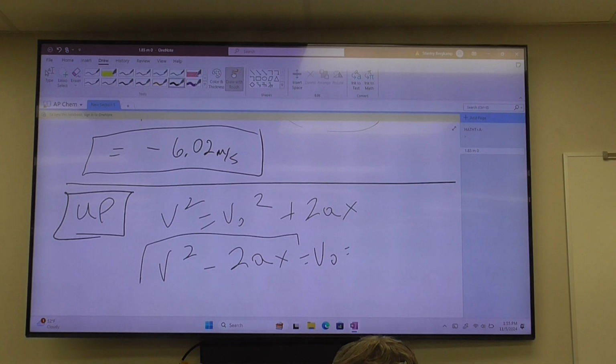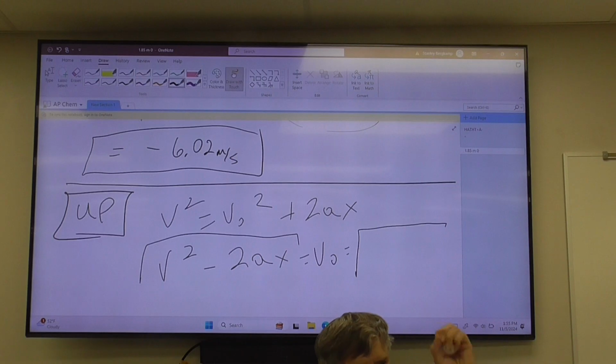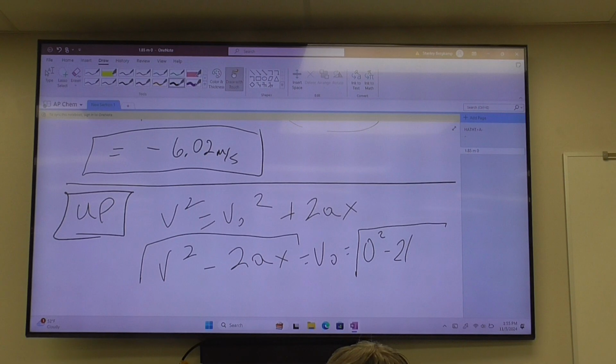Now, this is where you have to pay attention to what you have. On the way up, what's your final velocity going to be? 0. So I have 0 squared minus 2 times negative 9.8.